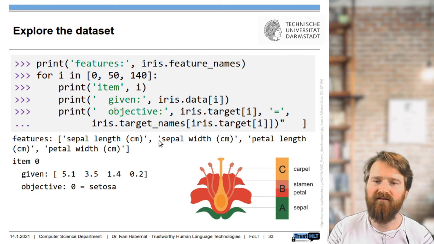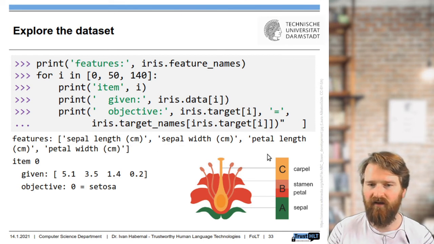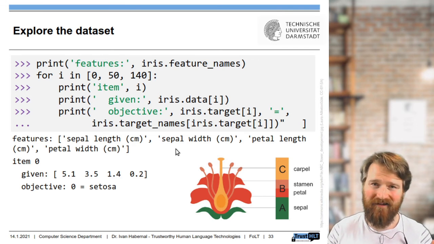As I said, these are not the actual images, but some features, such as sepal length, width, and so on. If you love biology, then these terms might be familiar to you. They are not really familiar to me. It's been a long time. But we can take it as a data set that is there out of the box and not really care about the features.